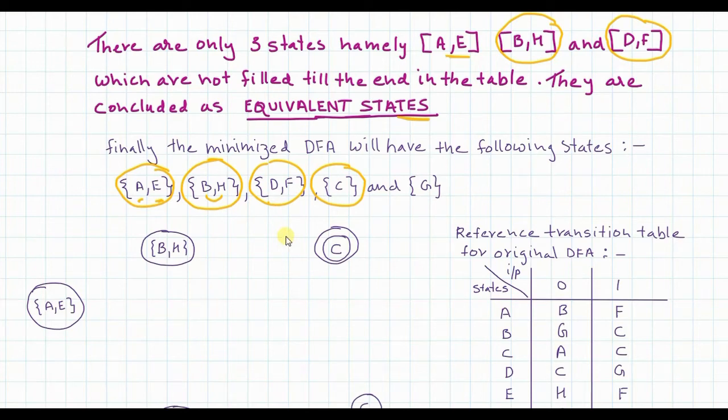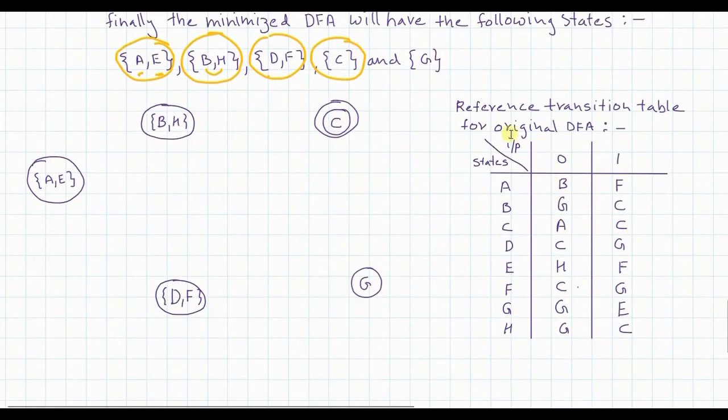As a result, with reference to the original transition table that we have, which is the transition table for the original DFA that was given to us, your new DFA, the minimized version, will have a total of how many states? 1, 2, 3, 4 and 5.